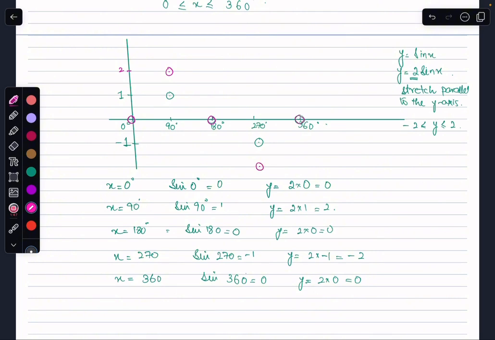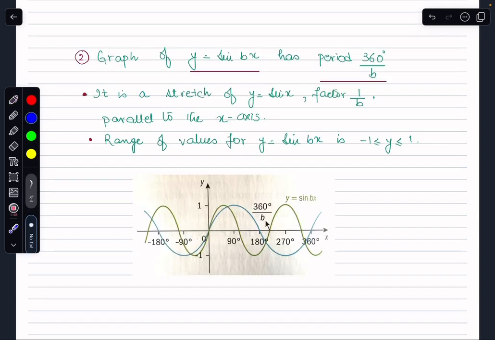So I can see that this graph shall be going like this. So this is the graph of y equals 2 sine of x, which is the stretch parallel to the y-axis. So the next case is for the graph of y equals sine bx.